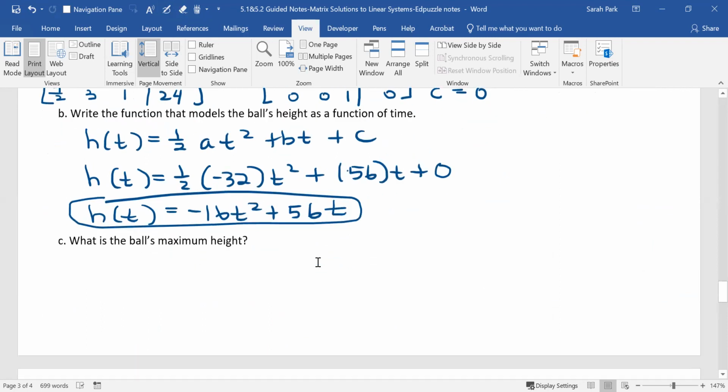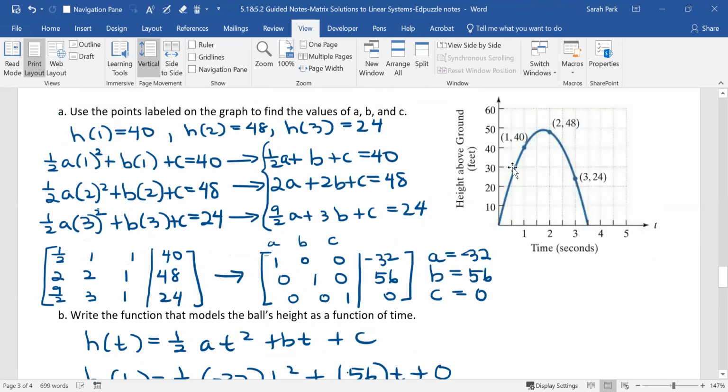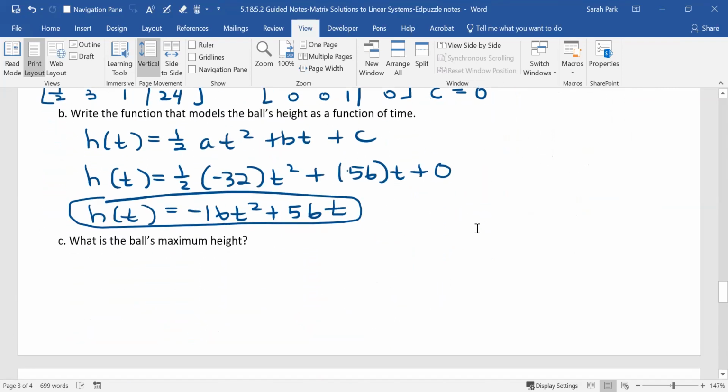And then it asks, what is the ball's maximum height? Going back to how you find a maximum value, we can find the vertex, right? Because that's the maximum value of the parabola. To find the t value of the vertex, we use the formula negative b over 2a.